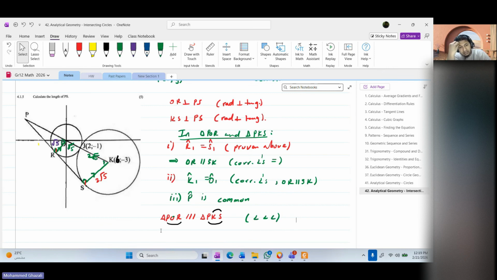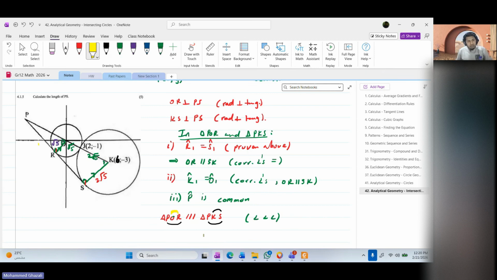I'm stuck with the similarity now. Let's write down what we have. We have KS and we have OR. So I'm going to be stuck with PR. I don't have the distance PR. Guys, any other way to solve this?